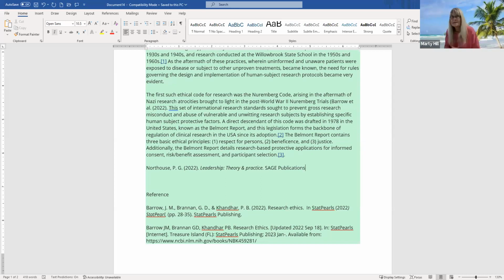I believe it's an acronym for the children or the founders of SAGE Publications, but they just created an acronym. So that acronym is in all caps. So this is how you would format a book. Sometimes you need to put in the edition.